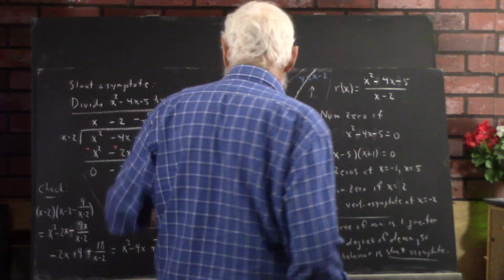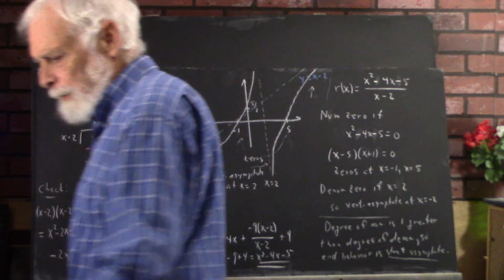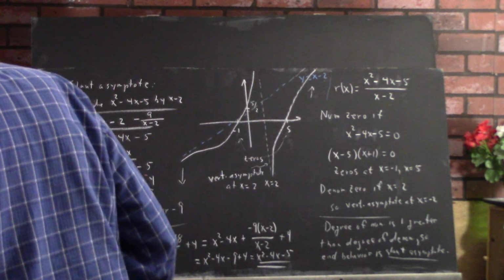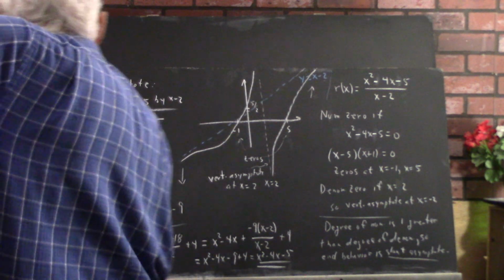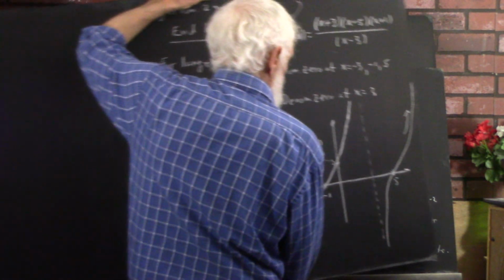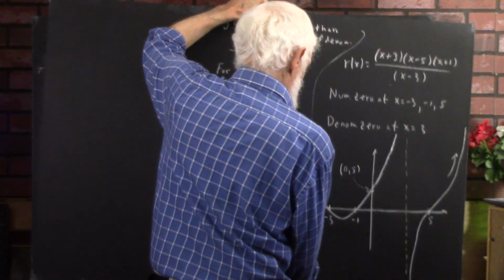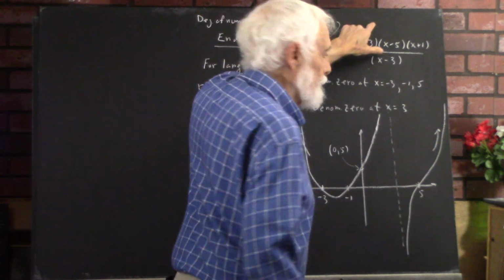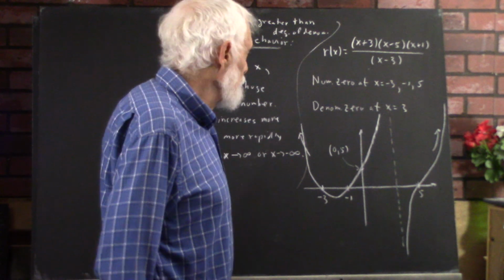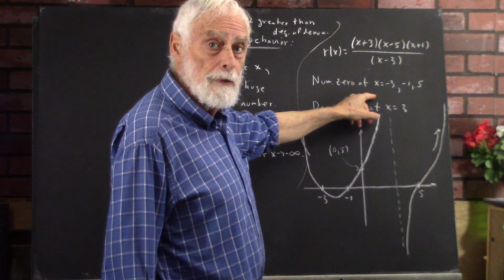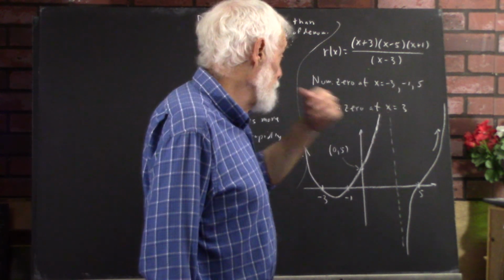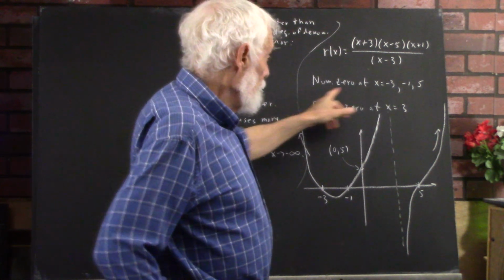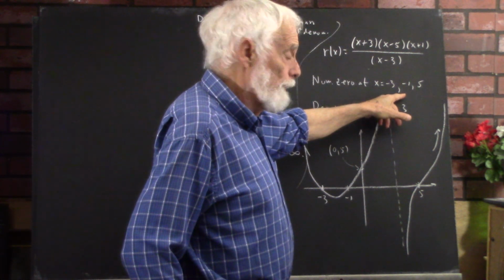Now there's one more example. It's pretty easy to dispose of. And that's this function, which is clearly 0 when x is negative 3, or negative 1, or 5. Those are the zeros of your numerator.